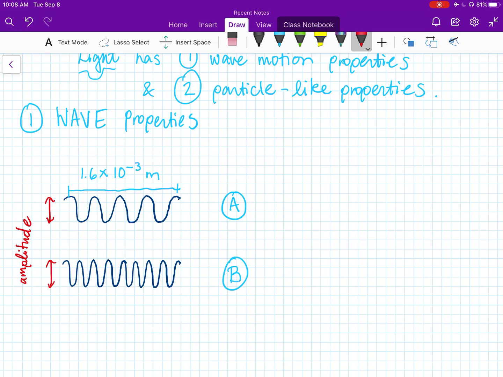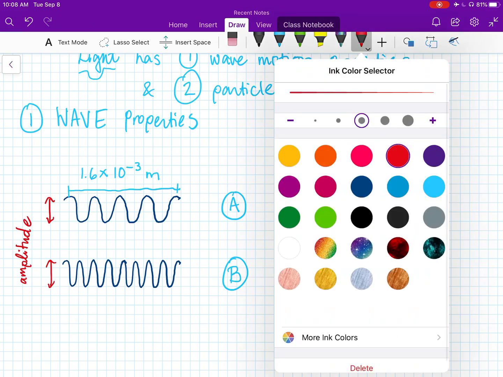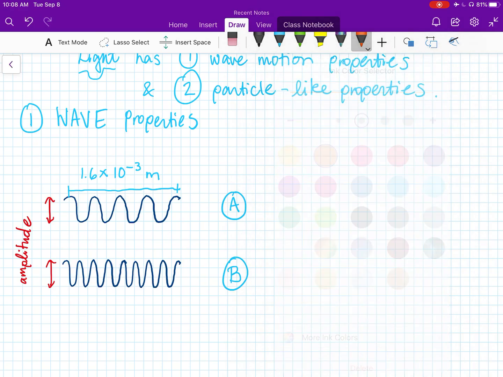There's another very important distance that I want to define today, and that distance is the distance between trough to trough or crest to crest. These should be identical, and what those distances are is the wavelength for that particular wave.